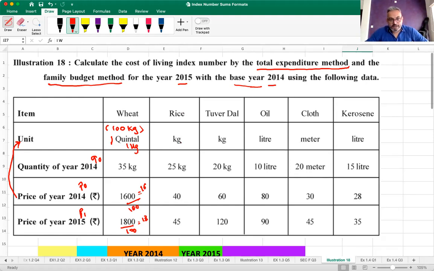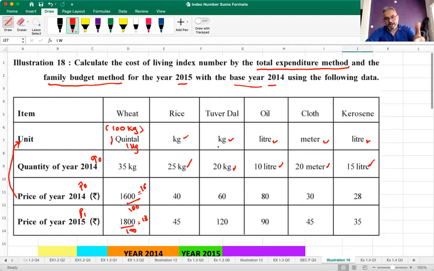For rice, kg, no problem. Tur dal, kg, no problem. Oil, liter, no problem. Cloth, meter, no problem. And kerosene, liter, no problem. So this is the basic thing we have done over here.